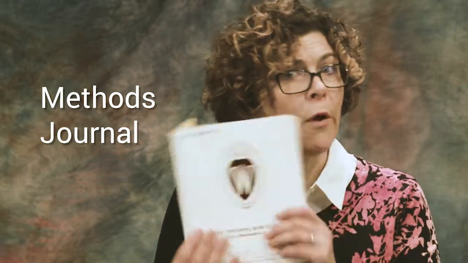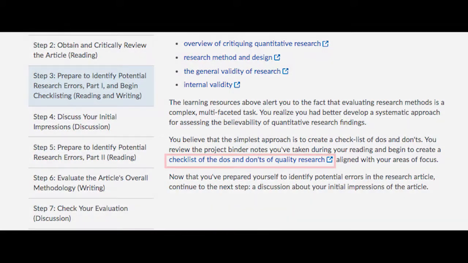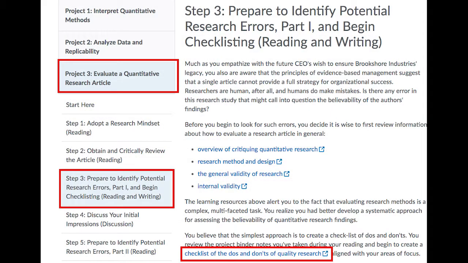Question and answer dialogue with your instructor and your colleagues is an extremely important part of the learning process of this material. A good way to create a structure for making sense of all these new words and concepts is to create a methods journal. You can do this in a dedicated notebook or in an electronic file system. You can incorporate your very important checklist of do's and don'ts of quality research, as described in Project 3, Step 3, either as a part of this journal or as a separate entity.